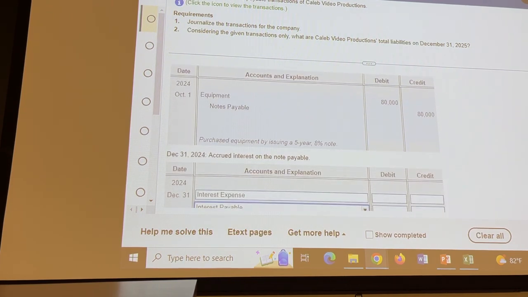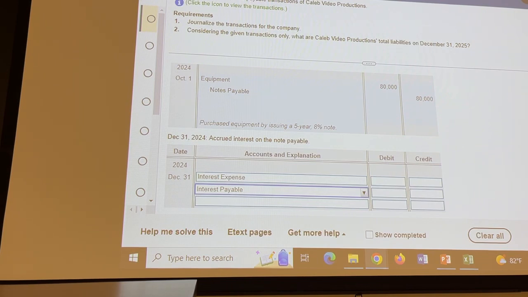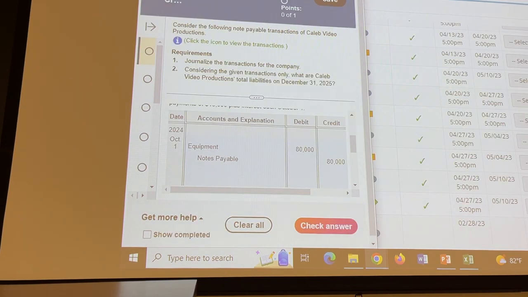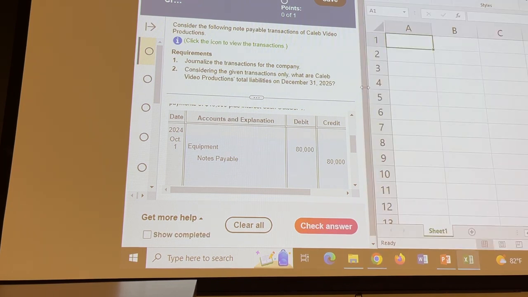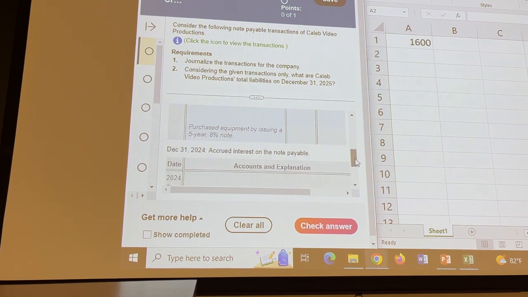Was it 8%? So if I split my screen here, $80,000 times 8% times 3/12 for the 3 months. So it should be $1,600 that we accrue.